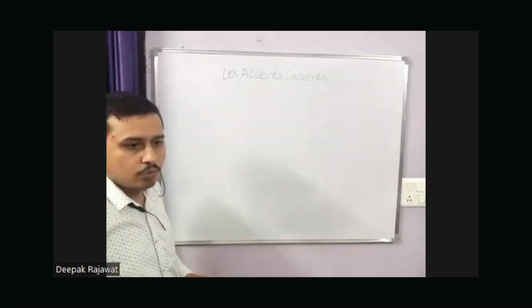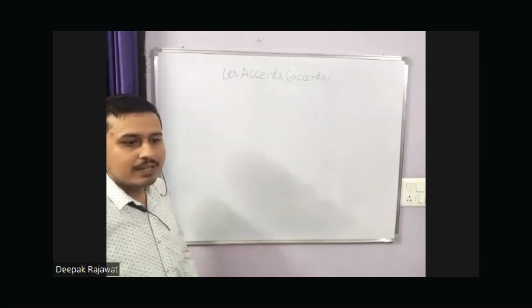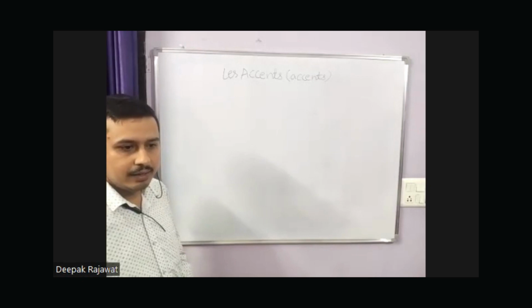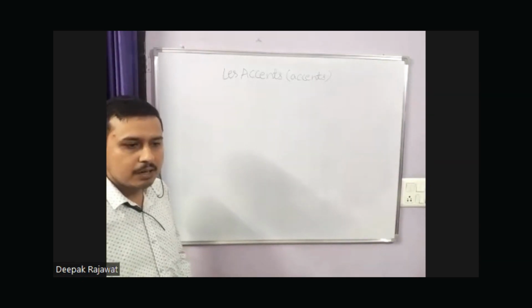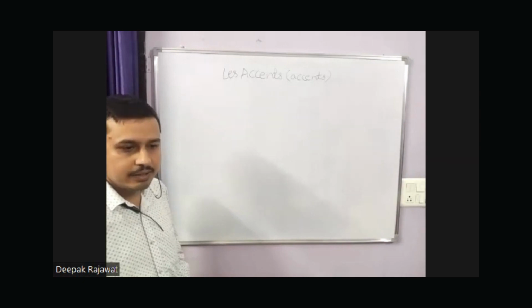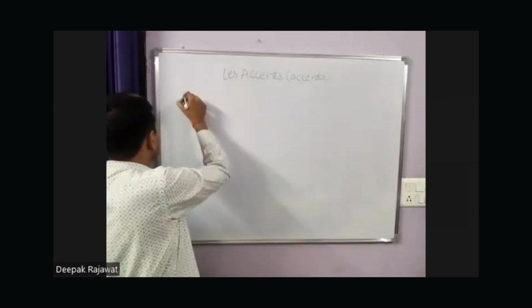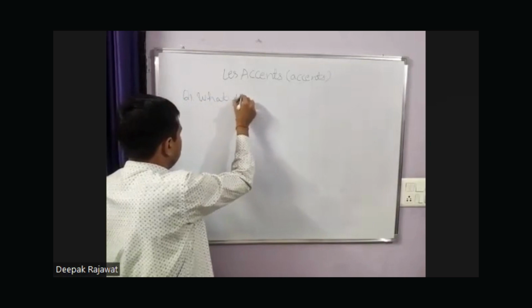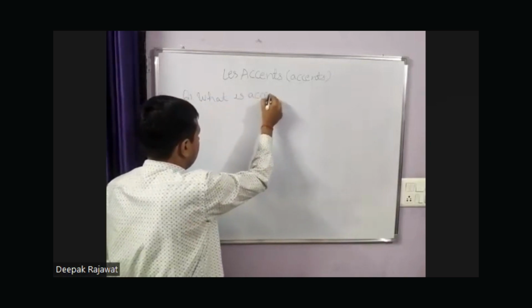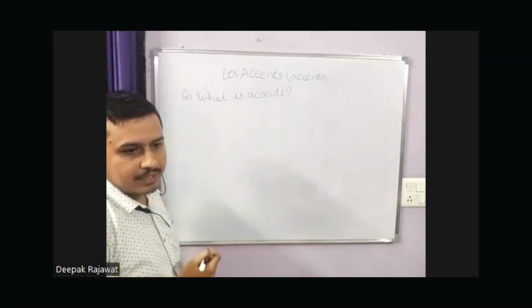Les accents. Les accents is accent. So we are going to learn accent. What is accent and how many accents are there? Accents are the symbols which are placed above and below certain letters in French.